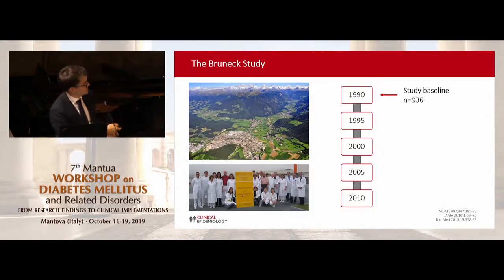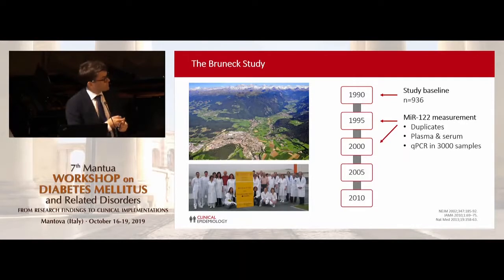So we actually conducted an additional investigation in 2016 as well, but it wasn't part of that particular analysis. What we then did is that we measured microRNA 122 at 2 time points, in 1995 and the year 2000.